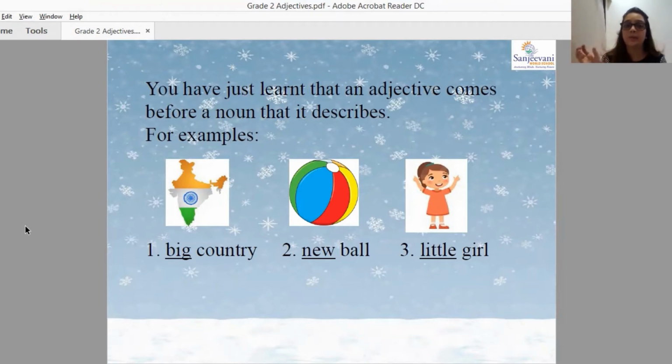It is just coming before the noun. New ball. Over here, the word ball is a noun and the word new is a describing word. So it is telling more about the ball. Little girl. Again, the girl is a person over here, that is a noun, and it is telling more about the person, more about the girl. That means it's just saying little.